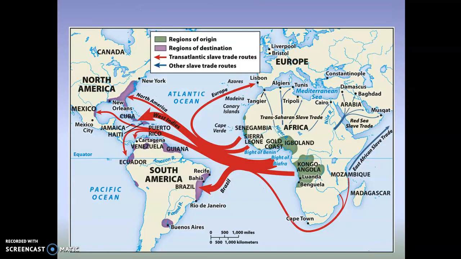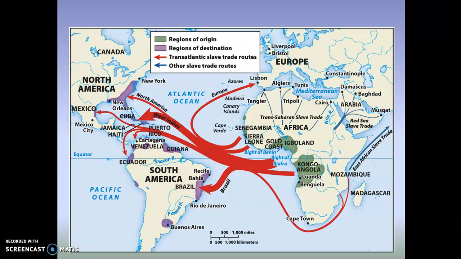And to get an idea of how this truly was part of a global system, we have different slave trade routes that are here. So on the eastern part of the map, we have East African slave trade. We have Red Sea slave trade, Trans-Saharan.